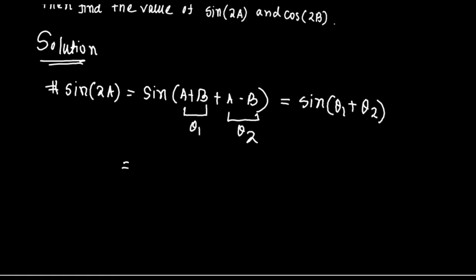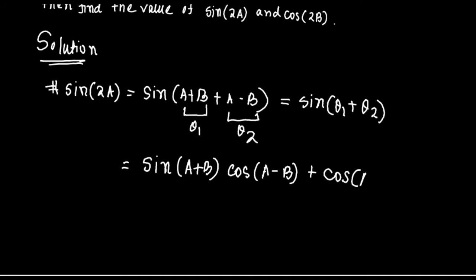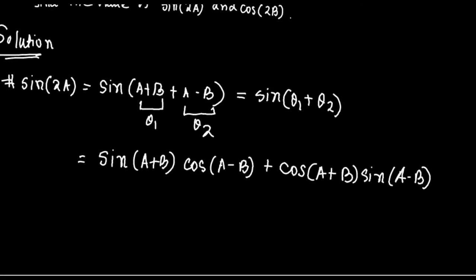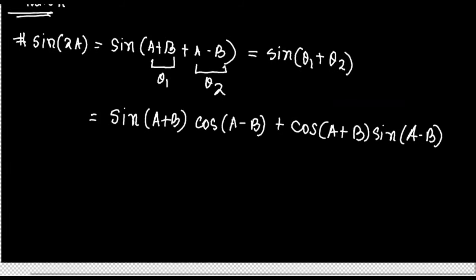So we can write sine of 2a as sine of a plus b, that means sine theta 1 cos theta 2 plus cos theta 1 and sine theta 2. Now we have been given the values of sine a plus b and sine a minus b. To find the values of cos a minus b and cos a plus b, we have to draw a triangle.